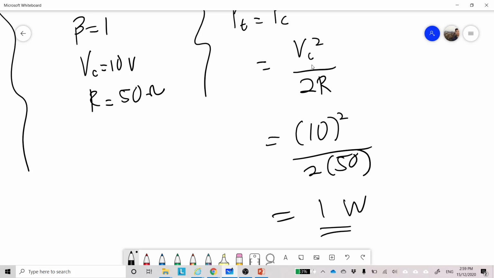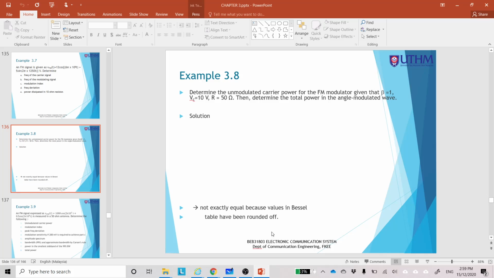Dan kalau perhatikan dalam you punya nota, you see that there's a sentence over here, not exactly equal, because the values in Bessel table has been rounded off. Ini yang saya cakapkan tadi. Dalam you punya Bessel table in your notes, it has been rounded up, the table has removed the value less than 0.01.